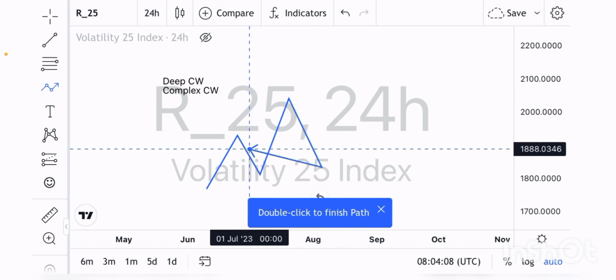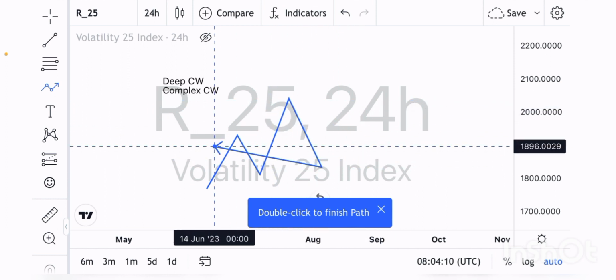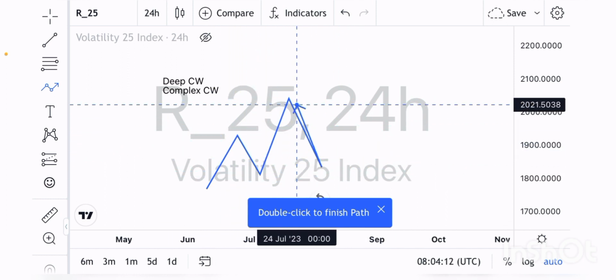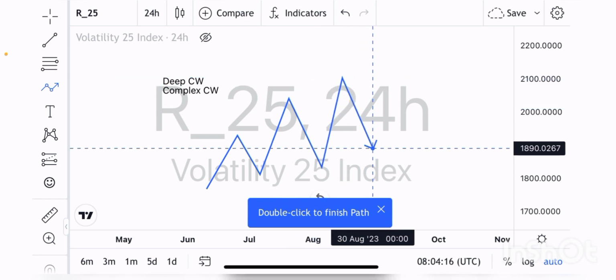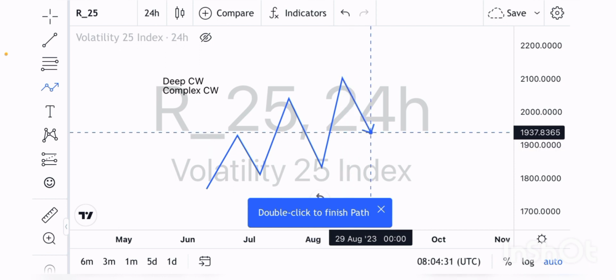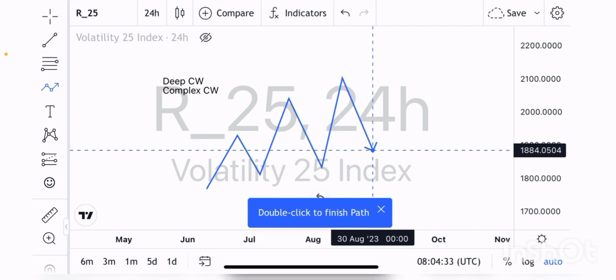We have a one time move here, we have a one time move here. These are what we call our deep corrective wave. It just gives a very simple structure. It just breaks your high, or it breaks your low and comes back into that particular POI high once.